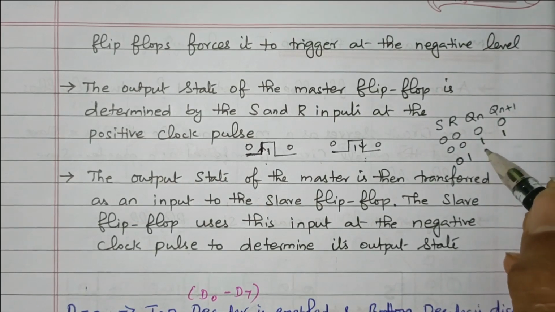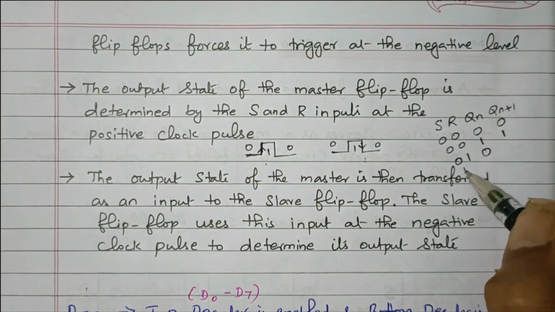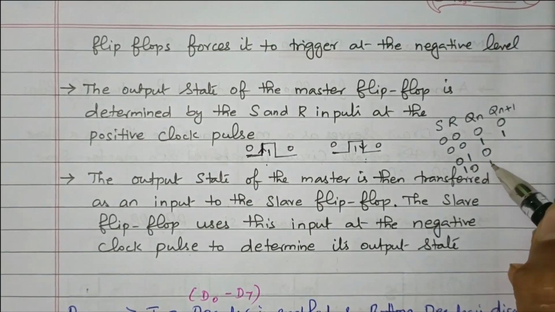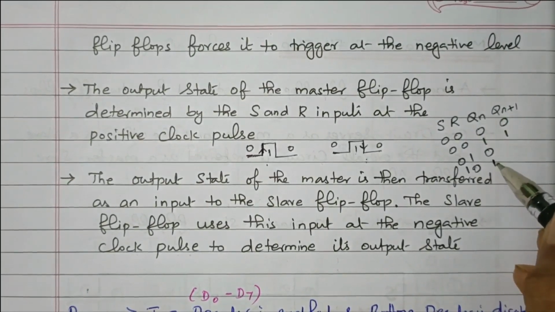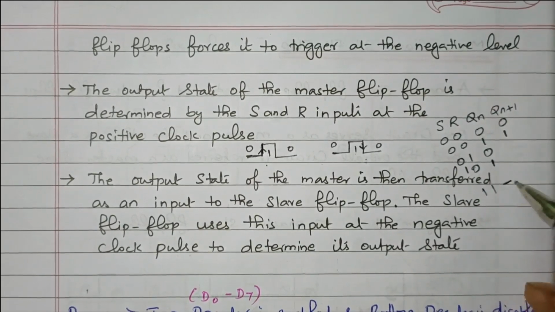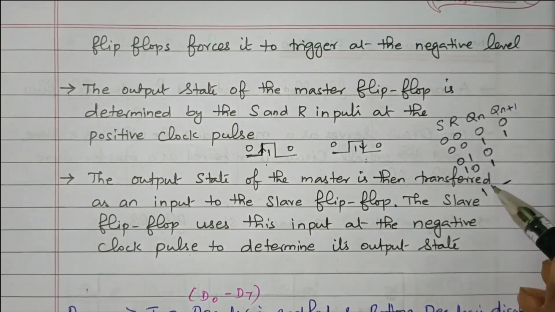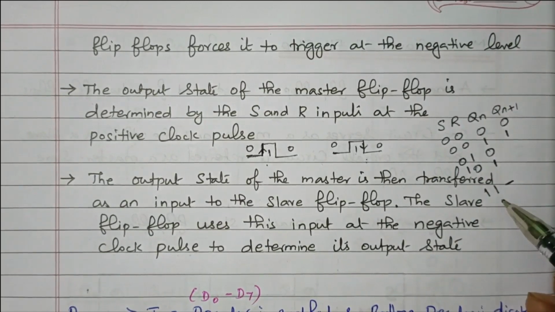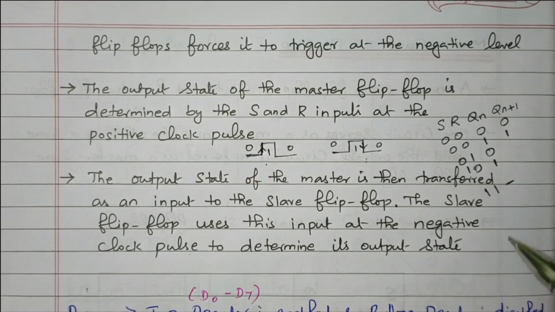Reset means it is reset to 0. Then 1, 0 means set. Set means 1. The output will be set to 1. If it is 1, 1, it is undetermined. Right. So 1, 1 is undetermined. That is applicable in the JK flip-flop. This fourth condition is determined in the JK flip-flop.